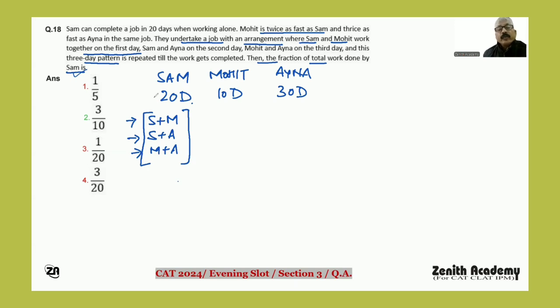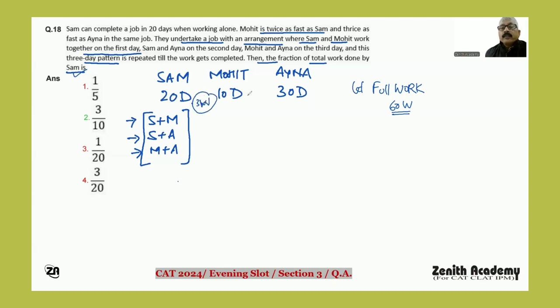Sam finishes the work in 20 days, Mohit in 10 days, and Aina in 30 days. So let the full work be 60. So it means Sam finished this work of 60 in 20 days. So daily he will finish 3 work.